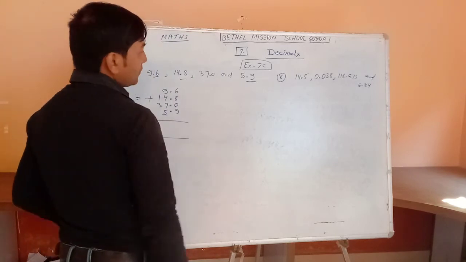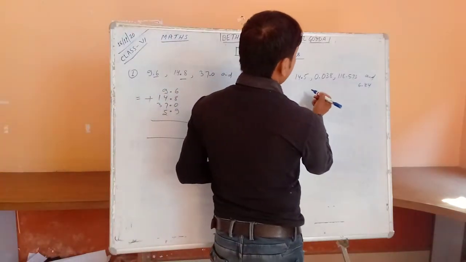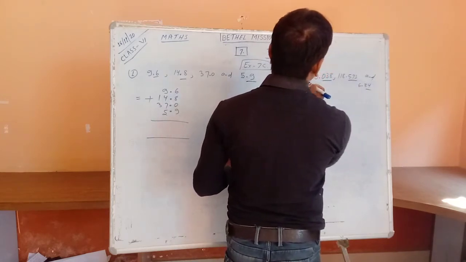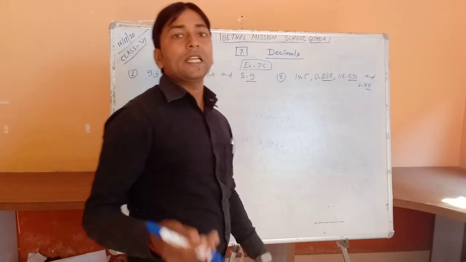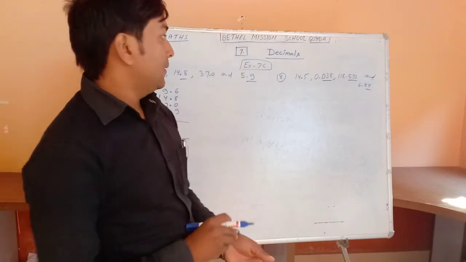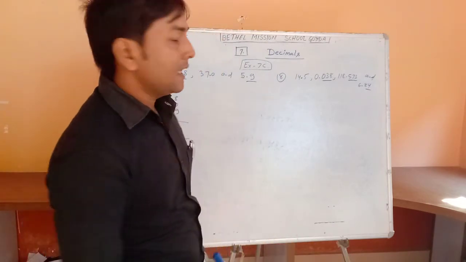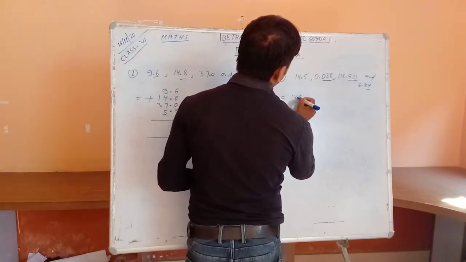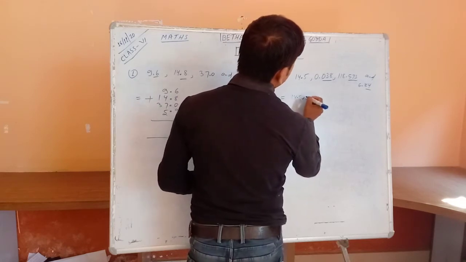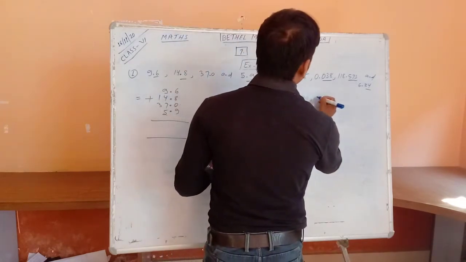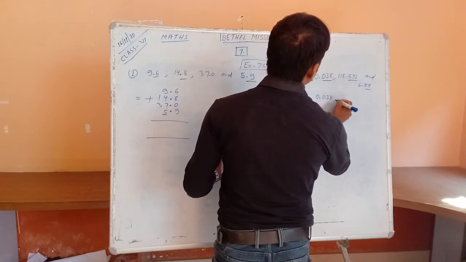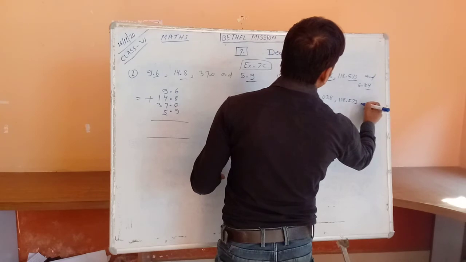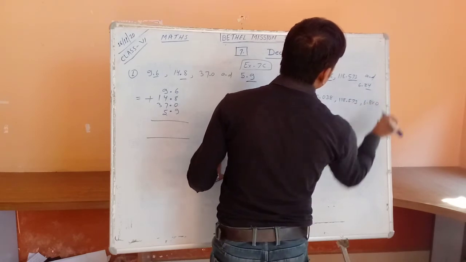Okay, and here also decimal places, 3 decimal places, 3, 2, and there is 1. So change first into like decimals, and then you can convert easily. 14.5, if we put 20, then this becomes 3 decimal places, and here 0.038 also, 118.573, and this is 6.84, and 10 we will put.